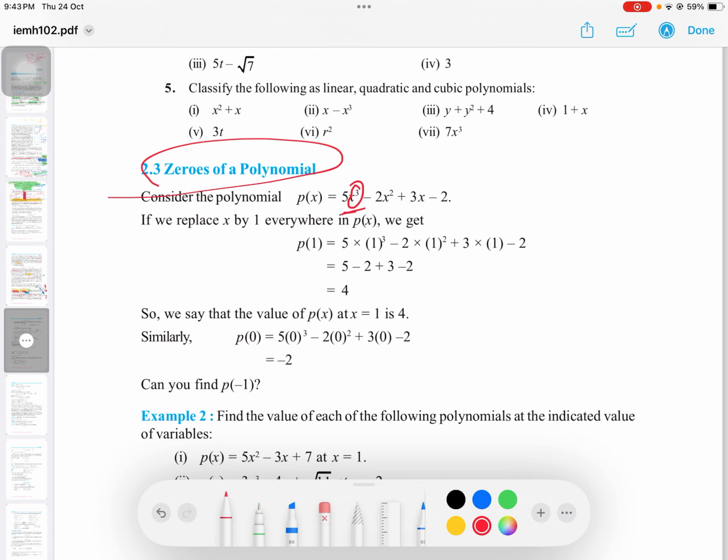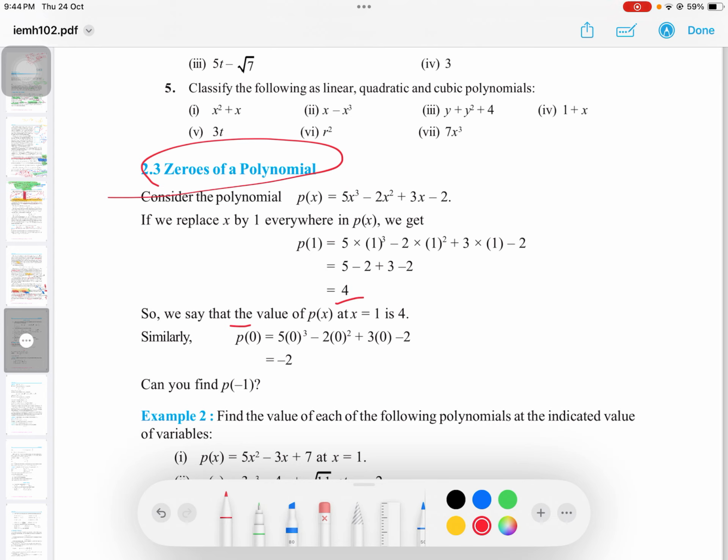So if you substitute x value of 1, you are getting 0. So 4 is not the 0 of a polynomial. Don't be confused about that. Now you're substituting x as 1, you get 4.